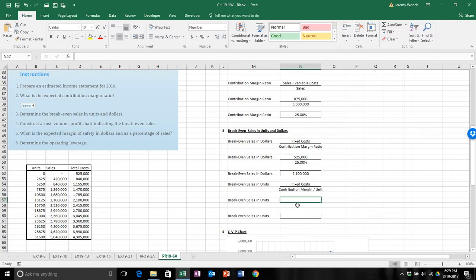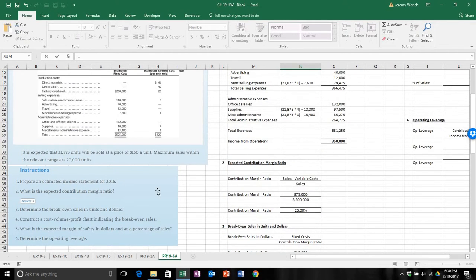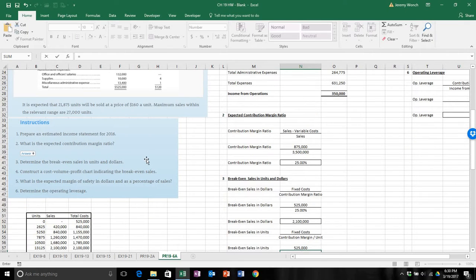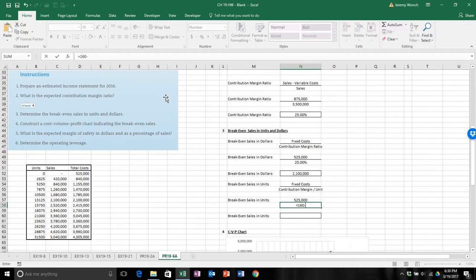For break even units, that's going to be our fixed cost divided by our contribution margin per unit. It tells us what the sales price is, 160, and we know the variable cost is 120.